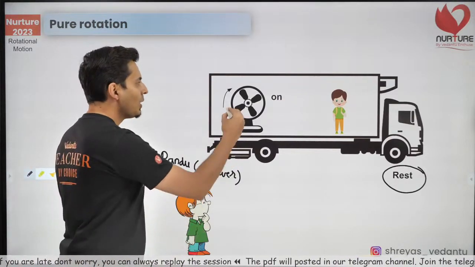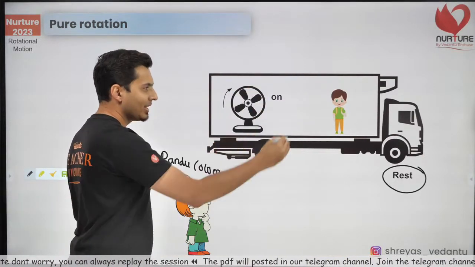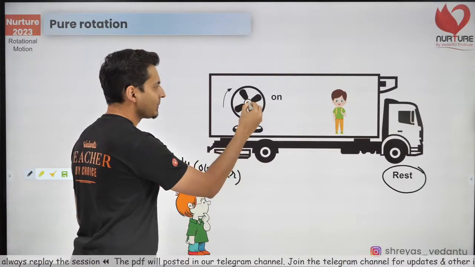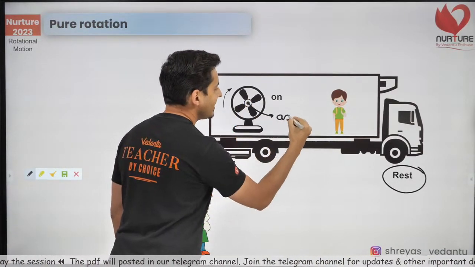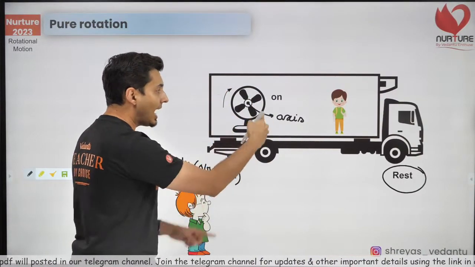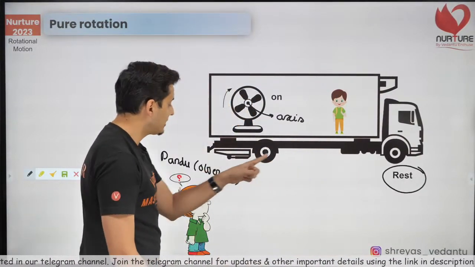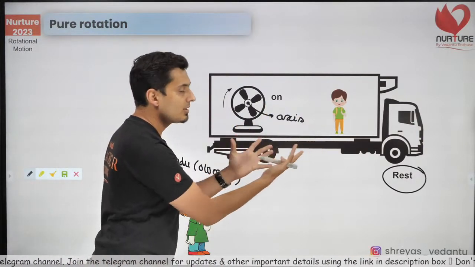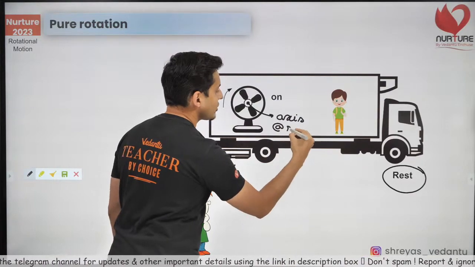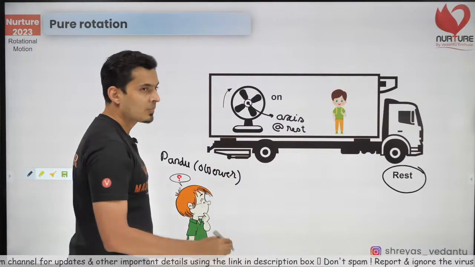If the fan is on, obviously the blades will rotate about this axis. So this is the axis about which the blades rotate, and this axis is also at rest for this observer because the truck is at rest, the fan is at rest.